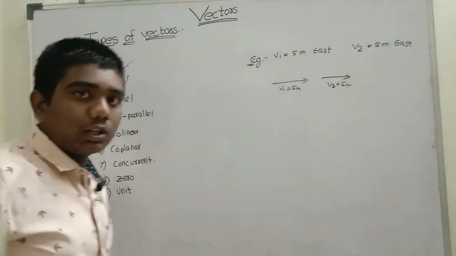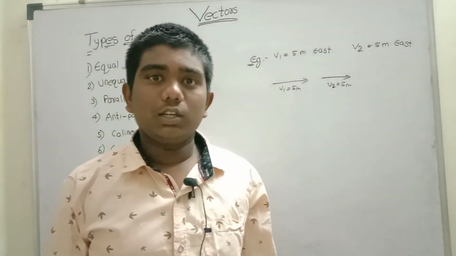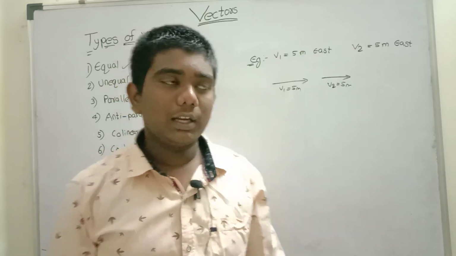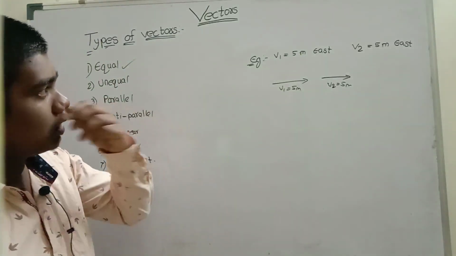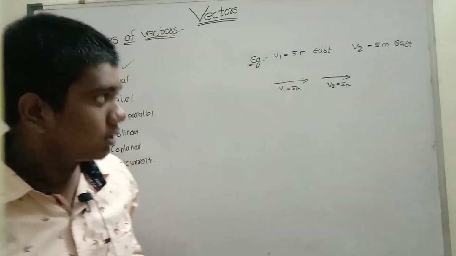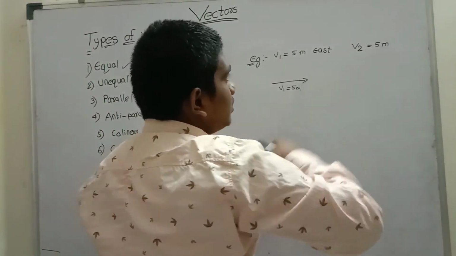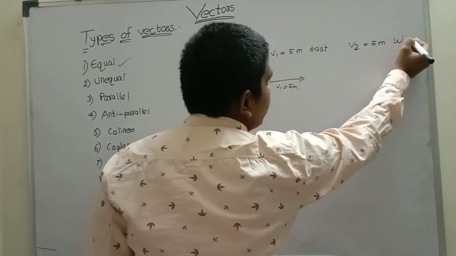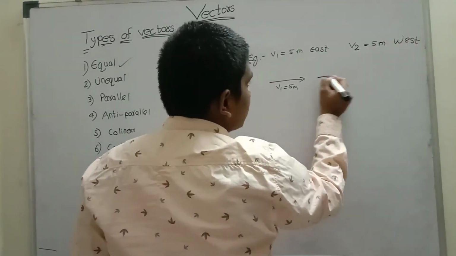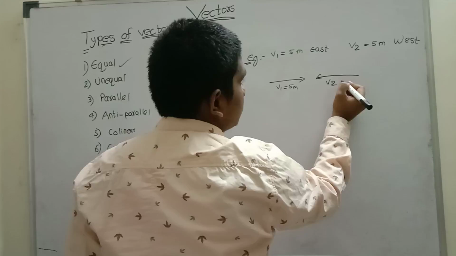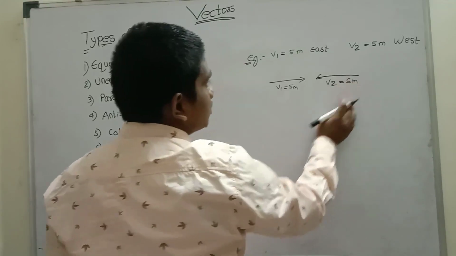Next, unequal vectors. If either the magnitude or the direction is not the same, then they are said to be unequal vectors. Let us see one more example. We will change this. If we change V2 to west, these are unequal vectors.